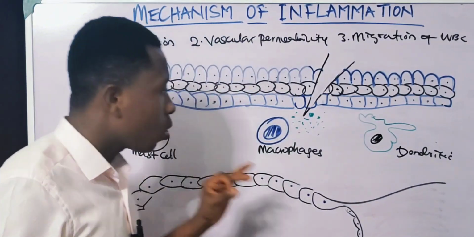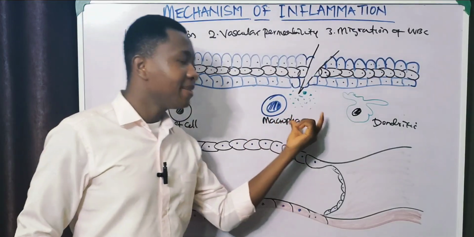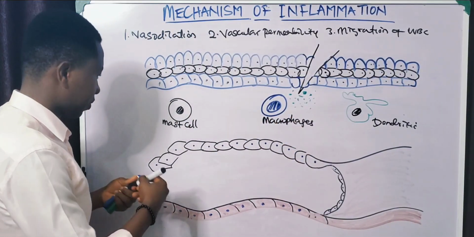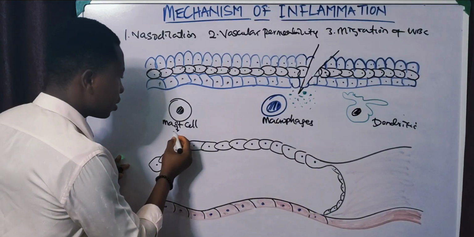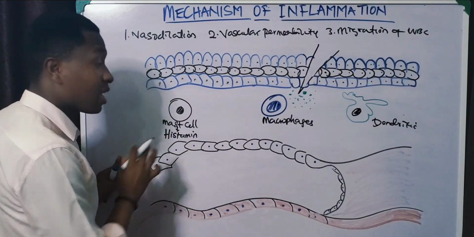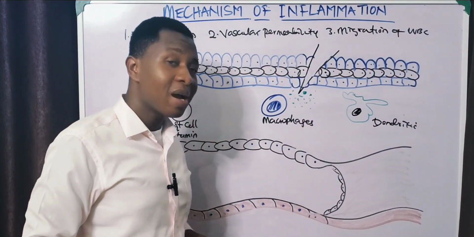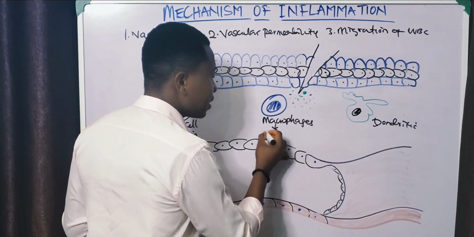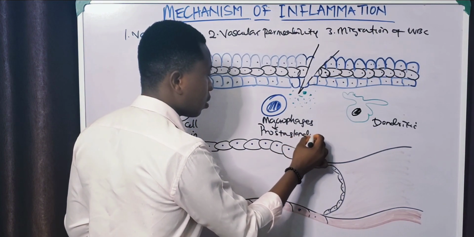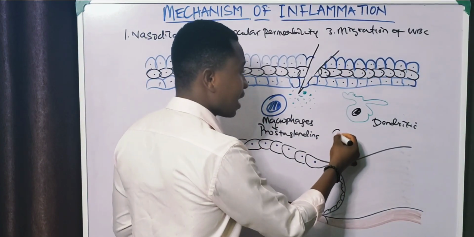So in this case, what happens? The mast cells, immediately after sensing an antigen, begin to secrete what we call histamine. So the mast cells secrete histamine. These are important chemicals. The macrophages, on the other hand, secrete things like the prostaglandins and every other cell secretes the cytokines.